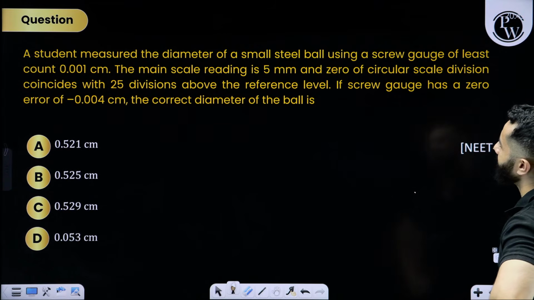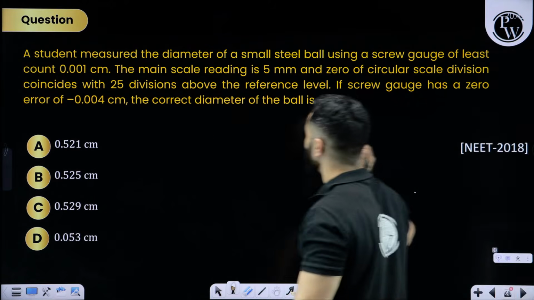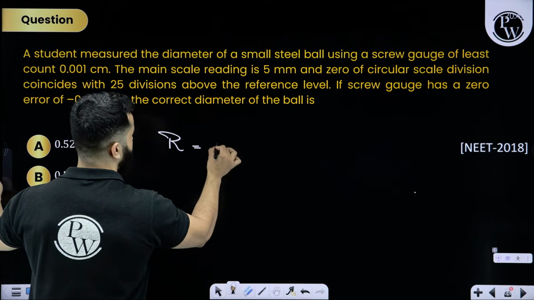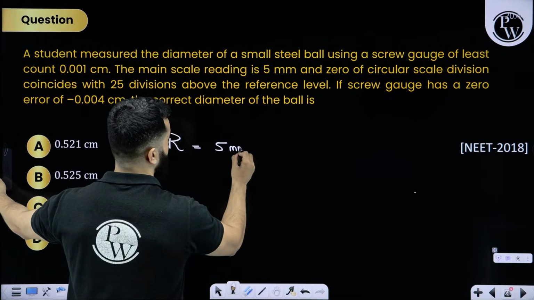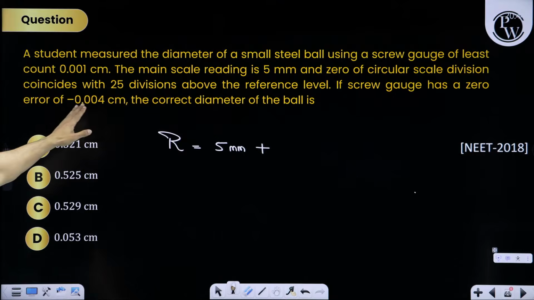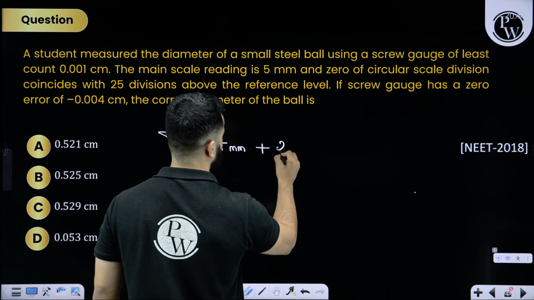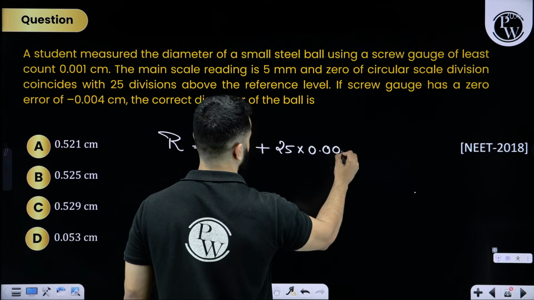What about this one? This is from 2018. In this, they are saying diameter using a screw gauge of least count is given, main scale. Okay, fine. So finally the reading will be main scale reading, that is 5 millimeter plus 0 of the circular scale coincides with the 24 above. Okay, fine. If the screw gauge has a zero error, fine. So that means 25 times least count, that is 0.001 centimeter.